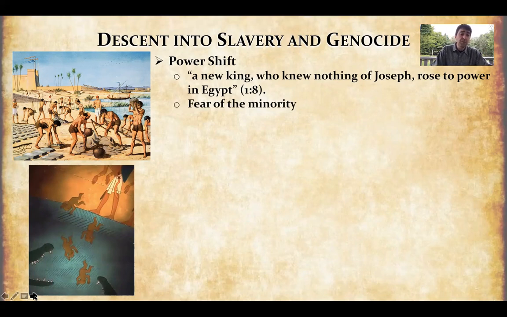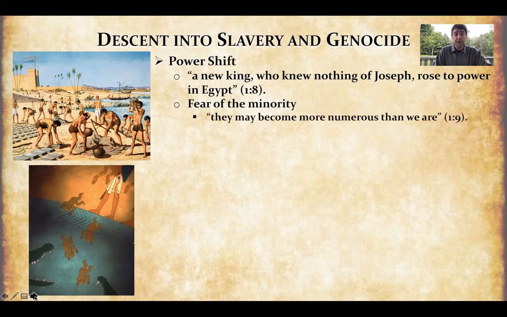And it's really fueled, as it says in chapter 1, by a sense of fear. So the Pharaoh at the time, notice we don't know the Pharaoh's name. We'll get to that a little bit later. We know the names of all these other people and things, but we don't know who this Pharaoh was. It just says Pharaoh. This Pharaoh was fearful of the Israelites because, as he says, they may become more numerous than we are.